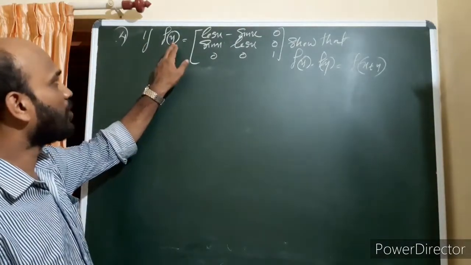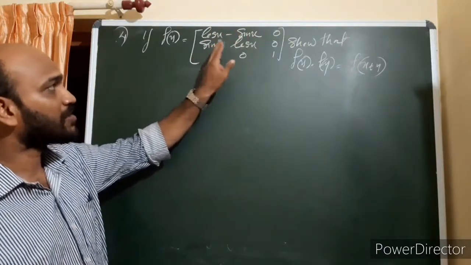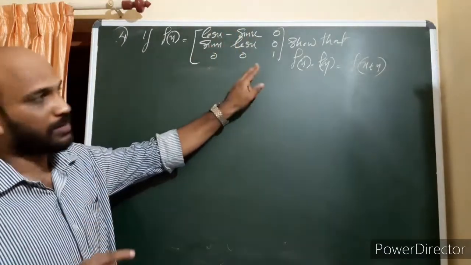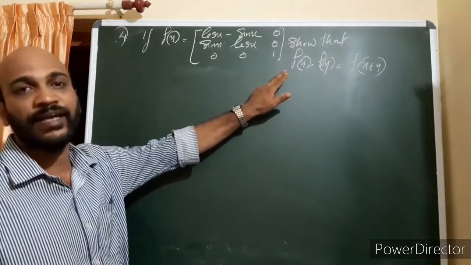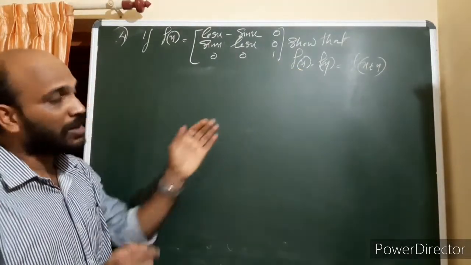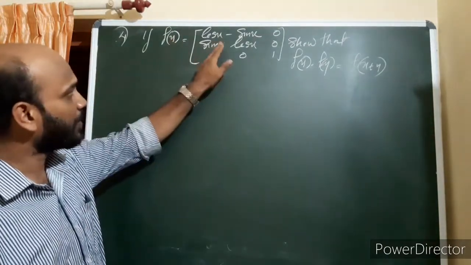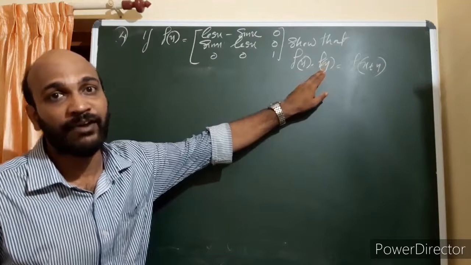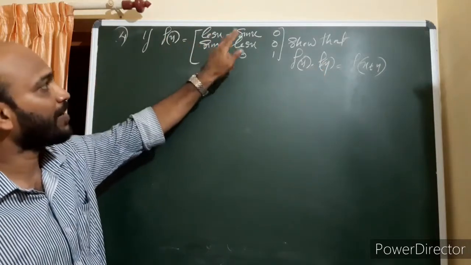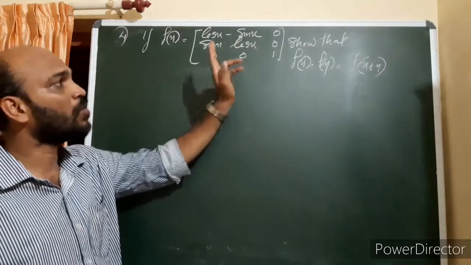If f of x equal to the matrix [cos x, minus sin x, 0; sin x, cos x, 0; 0, 0, 1], then show that f of x into f of y equal to f of x plus y. That means you have to show the left hand side equal to right hand side. If f of x equal to this matrix, what about f of y? F of y will be [cos y, minus sin y, 0; sin y, cos y, 0; 0, 0, 1].